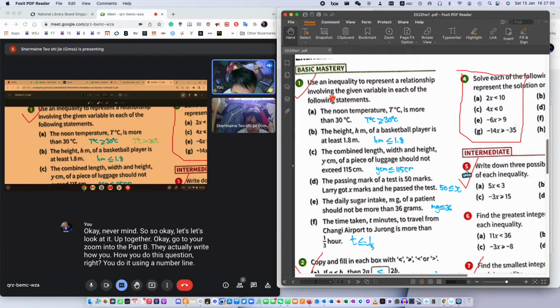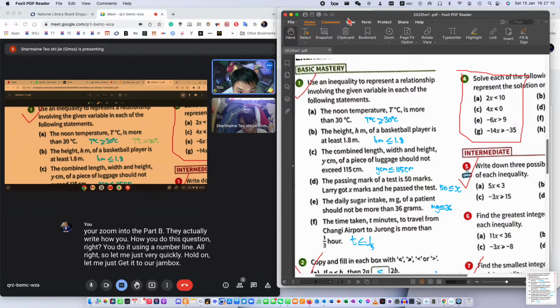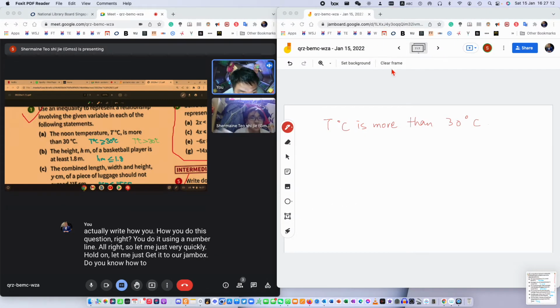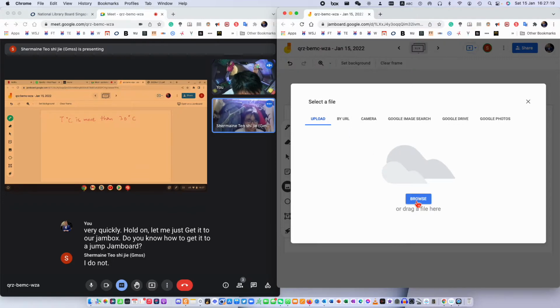Let me just get it to a Jamboard. Do you know how to get it to a Jamboard? I do not. Okay, never mind.